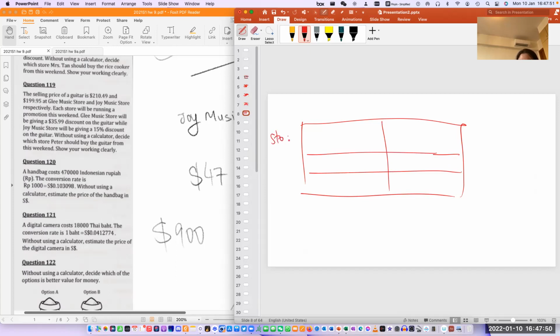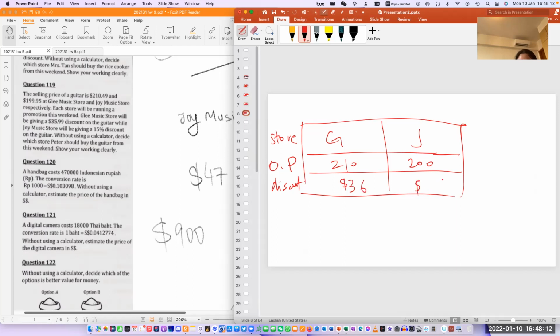Okay, this is the G store, this is the J store, so this is the original price OP, then this is 210 rounded off, this is 200, and then this is the discount. This discount is 36.